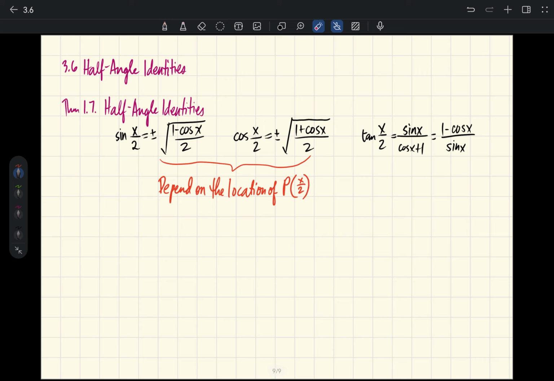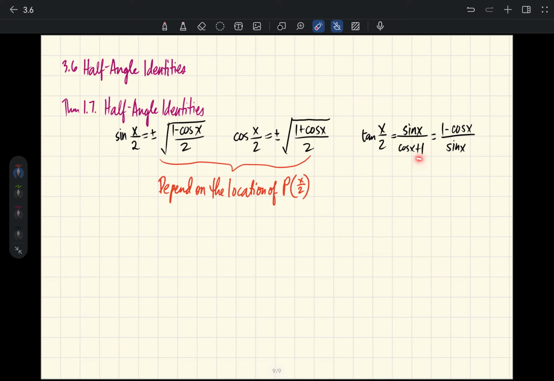What I am saying is that we have to be careful about the quadrant in which you can find this half angle. By knowing the quadrant where this one is located, you can identify whether you will use the plus or the minus square root. Luckily for the tangent function, the square root is no longer your problem.